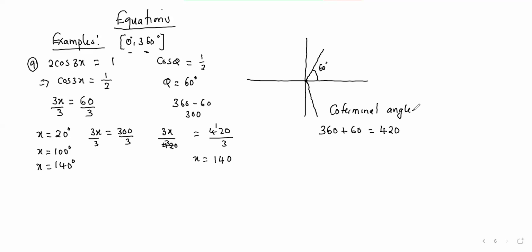I was saying that we added 360 in order to get a coterminal angle. And coterminal angles are angles that give the same value and lie in the same quadrant.